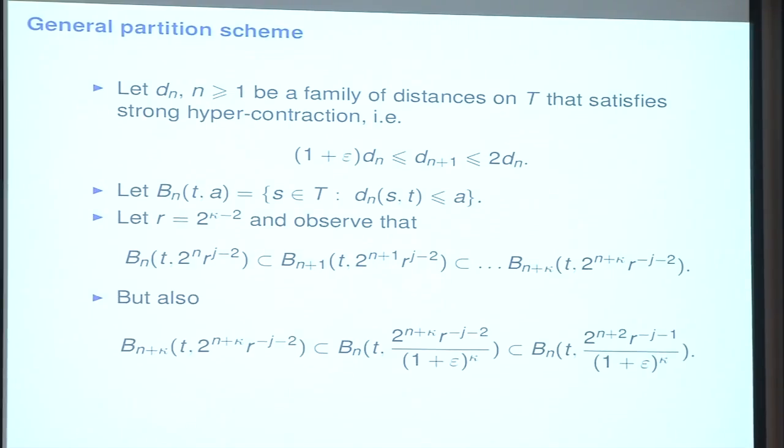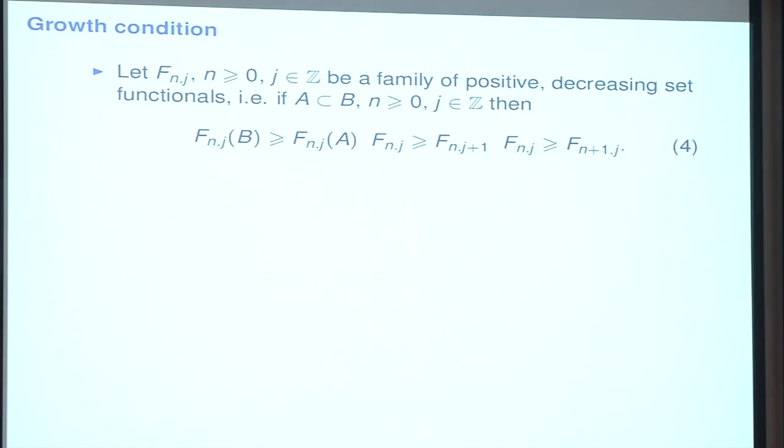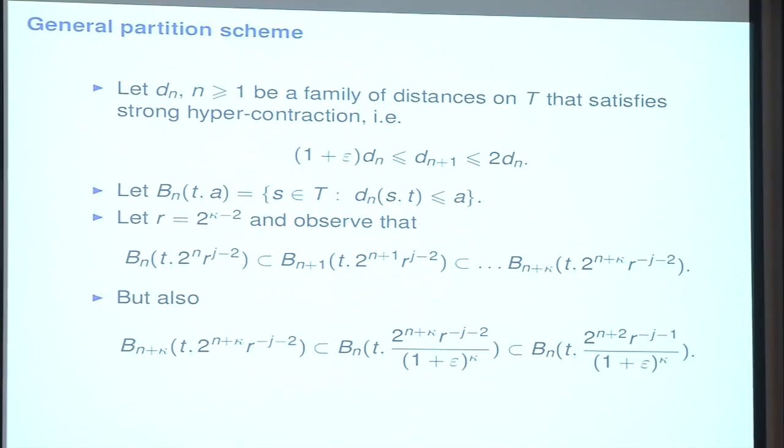But the more important thing is that they are not too large, and for the fact that they are not too large, the important thing is our requirement that there is some epsilon we can use here.